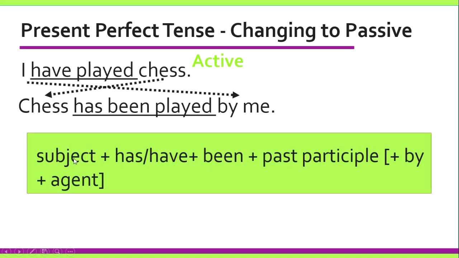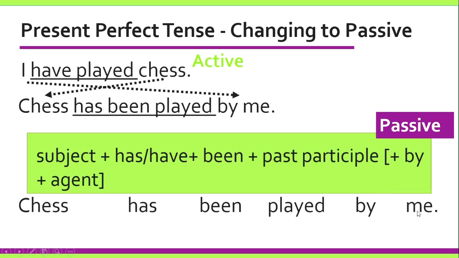It is subject plus has or have plus been plus past participle plus by agent. As you can see, the verb already is in past participle form in the present perfect tense. So this is the passive voice for changing present perfect tense to passive voice. Chess has been played by me.